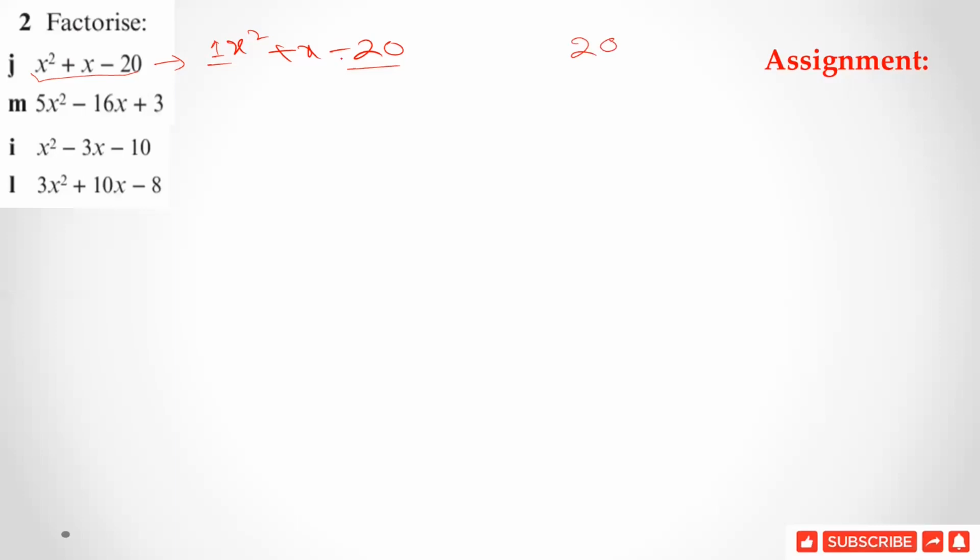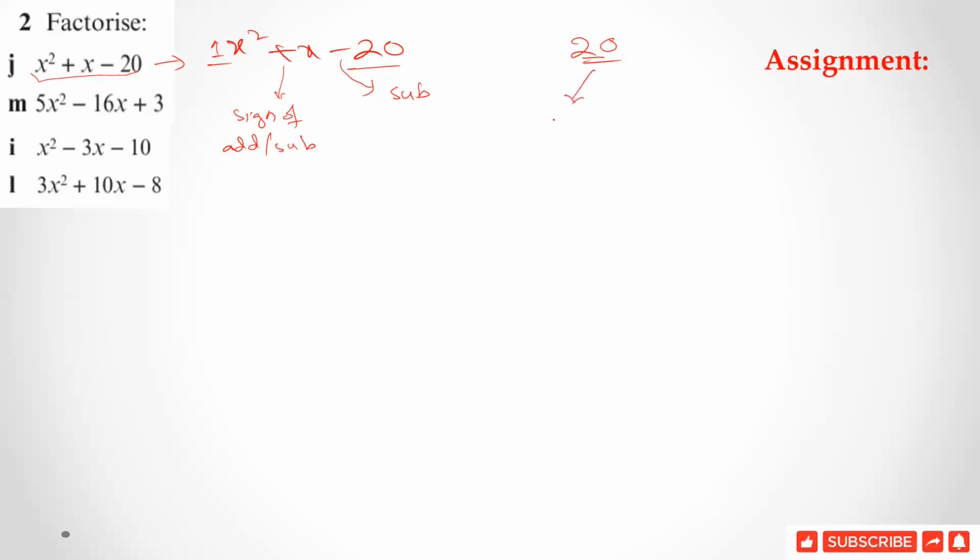The sign of this term will show whether you factorize this 20 and then subtract or add. If it is minus, it means you will be subtracting the factors of 20. And this sign shows the sign of the answer of the addition or subtraction of factors. Now we check how many pairs of factors of 20 there are.